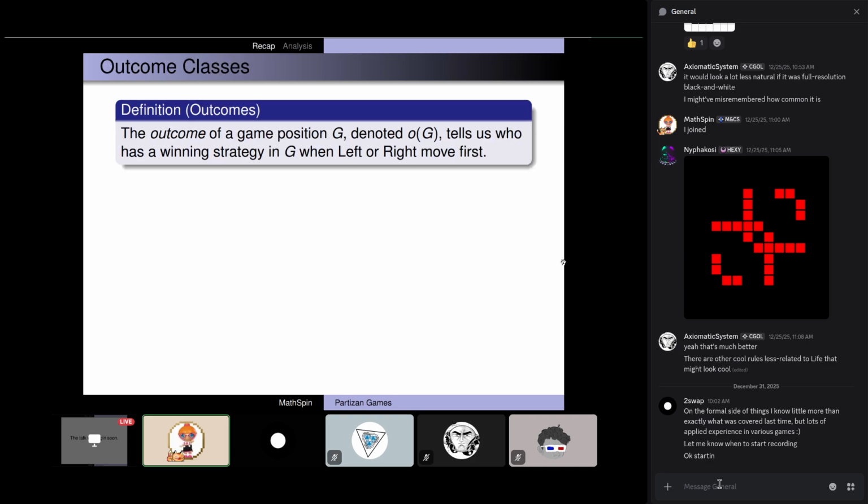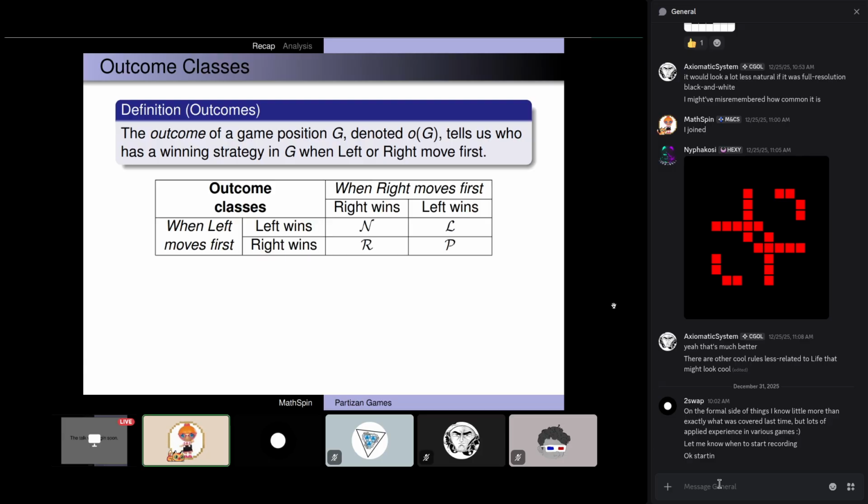So we have games, they have outcomes under perfect play, and so it just tells us who has a winning strategy. And there's this little table here, because if we start with, say, Right moving first, then someone's going to win. Either Right will win, so that's the first player, or Left will win.